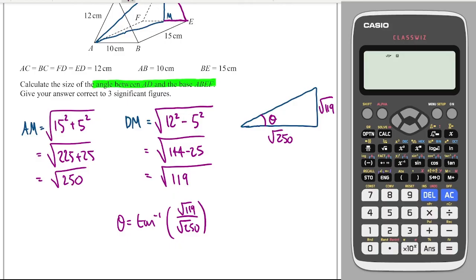Notice I'm trying to keep all my values in exact form, and I need to just quickly change it to degree mode, and I would do tan to the minus 1 fraction root 119 over root 250, and I'll get 34.6.